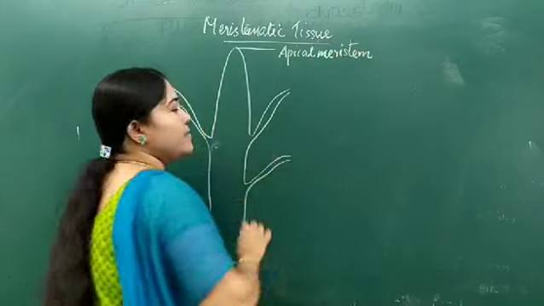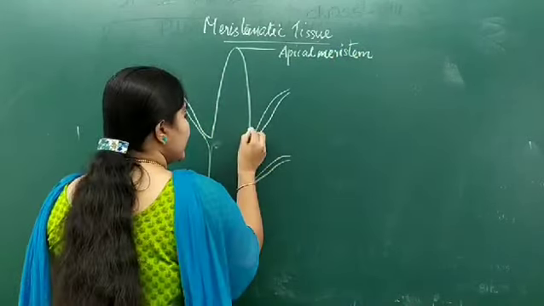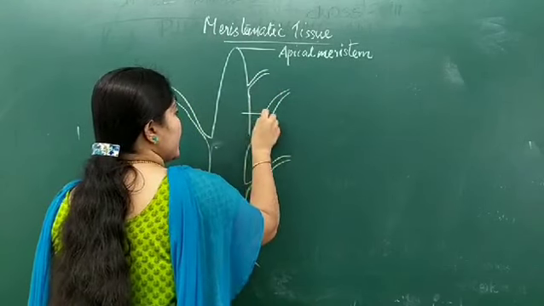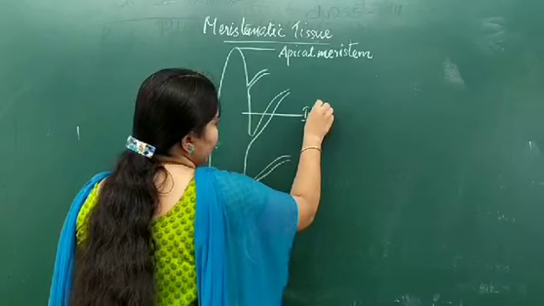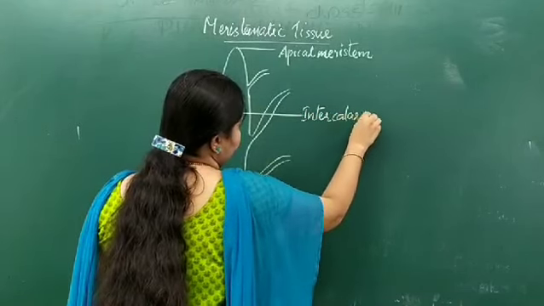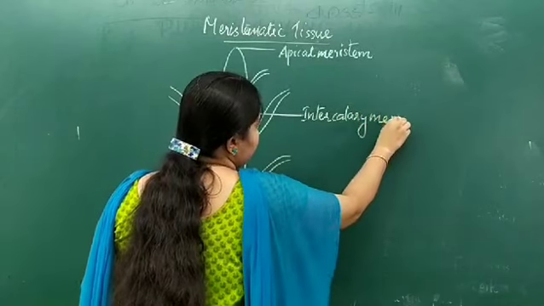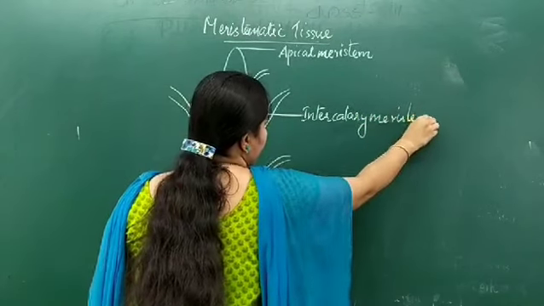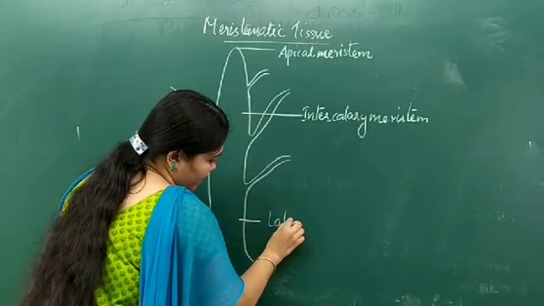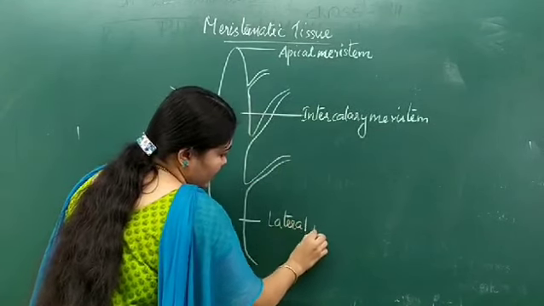In this region we can see the intercalary meristem, and in this region you can see the lateral meristem.